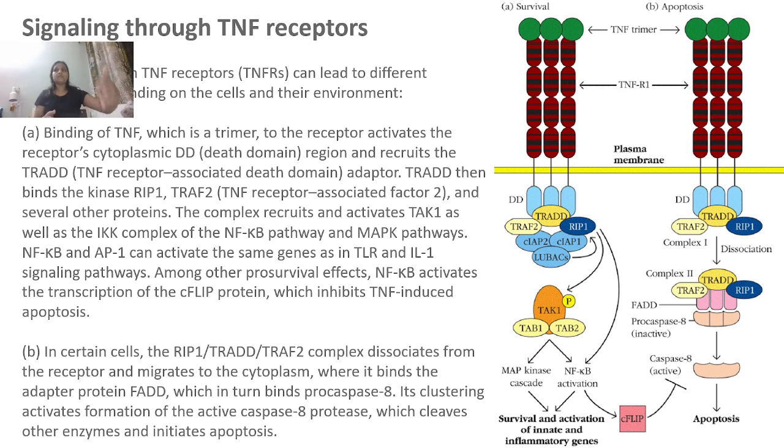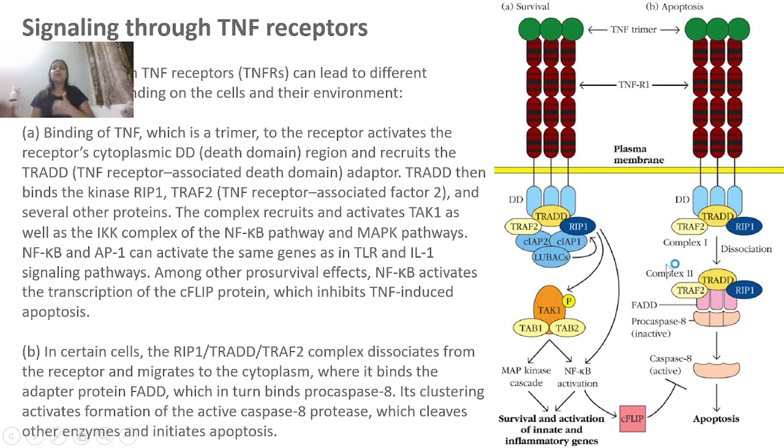Apoptosis is programmed, induced cell death. Whenever some cells are not necessary, then those will undergo apoptosis in our body. So here you can see this apoptosis signaling is done by different other kinds of adapters. Like here you can see cIAP, these are different kinds of proteins.